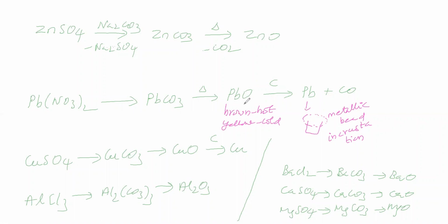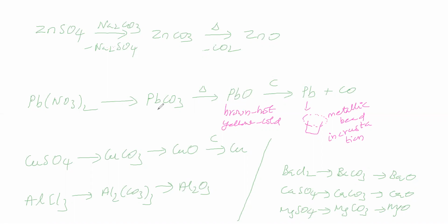Plumbous oxide is not completely converting. Some amount converts into lead, and the remaining plumbous oxide is present in the cavity. So the cavity appears brown in hot condition and yellow in cold condition, and around the cavity the lead is present, which is gray.